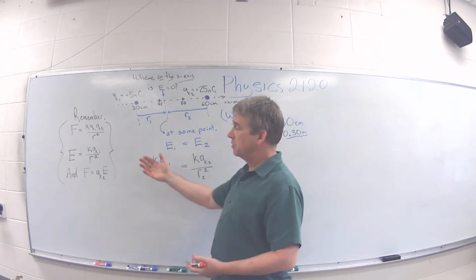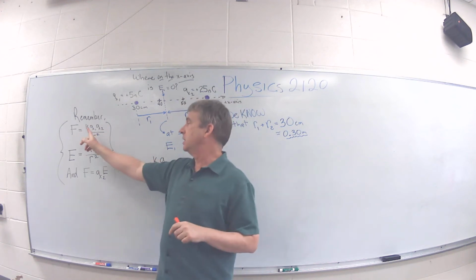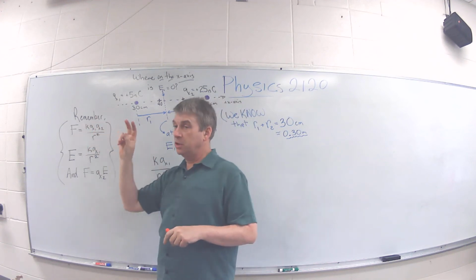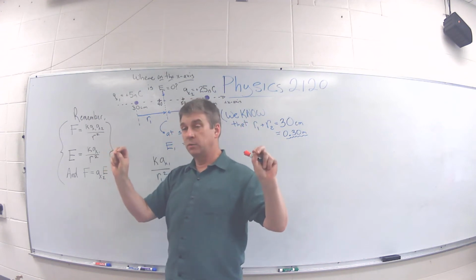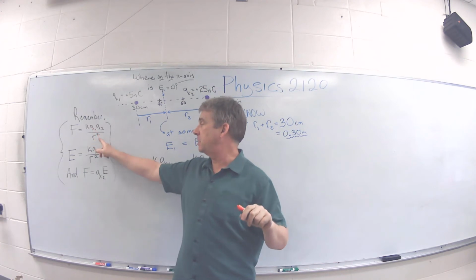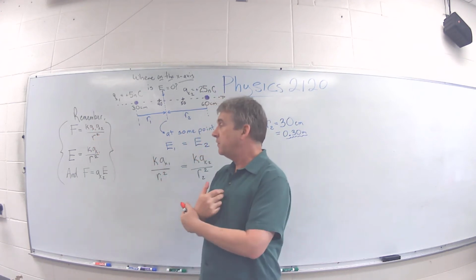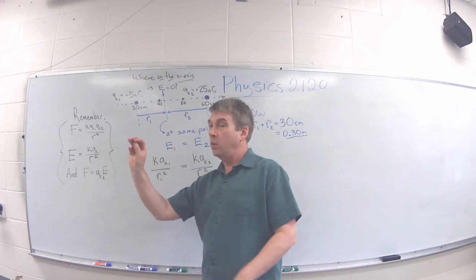And so let's review. Remember that the force between two charges is the constant K times Q1 times Q2 divided by the square of the radius between them, divided by r squared. For an electric field, the electric field is created by one charge.